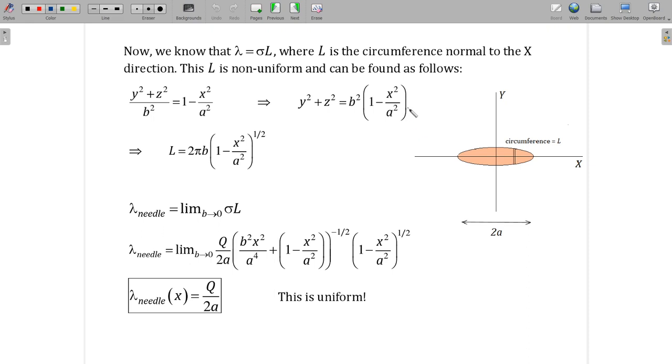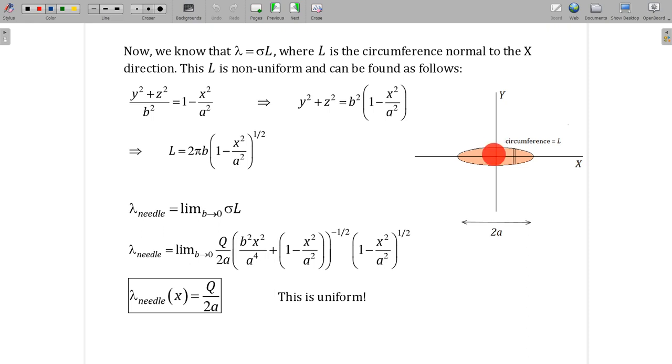As I take various values of x, if I put x equal to 0 here, the radius of the circle produced is just b, right? That makes sense, because if I measure the distance from the origin to this point on the y-axis, it's b.